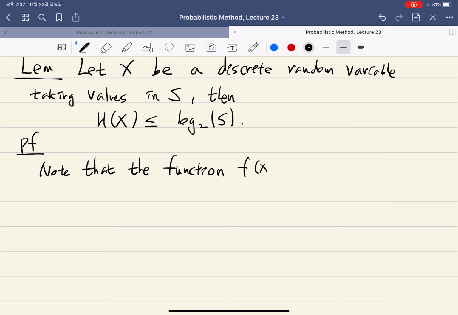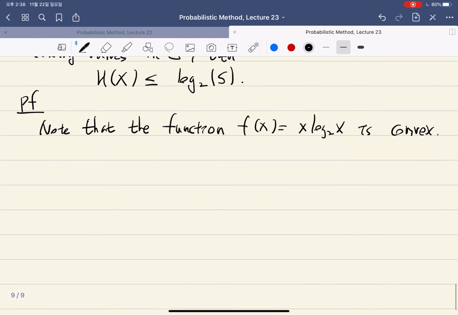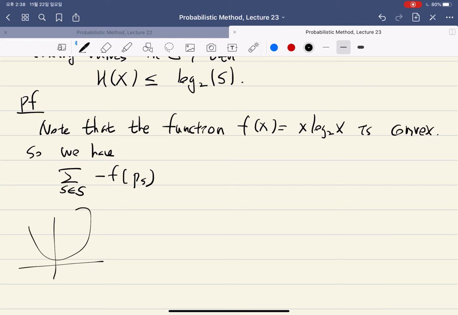So if you consider the function x log x, which is convex, then what do we have? If you consider this entropy, which is the summation of negative f(x), convex is a shape like this, but the negative of convex is concave.